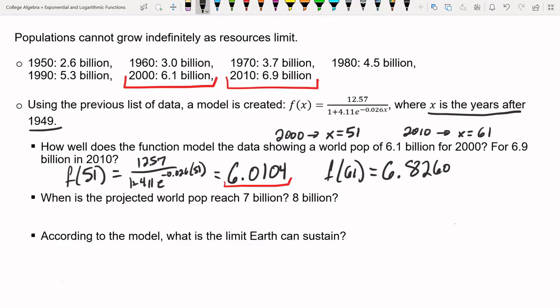Okay, so for 7 billion, we said about 63 years. I'm just going to say 63. And for 8 billion, we have about 76. It was 75.89 or 75.90. Okay, and that makes sense because 63 years past 1949 is going to be 2012, where it said 7 billion, which is about right with the population growth.